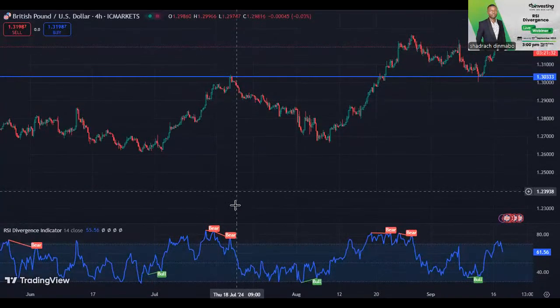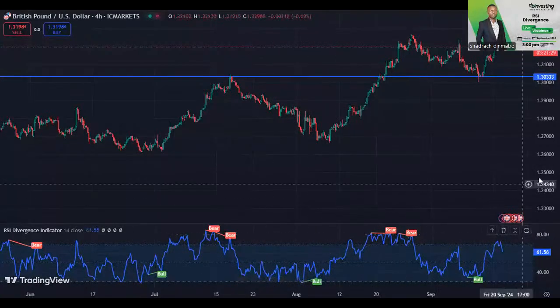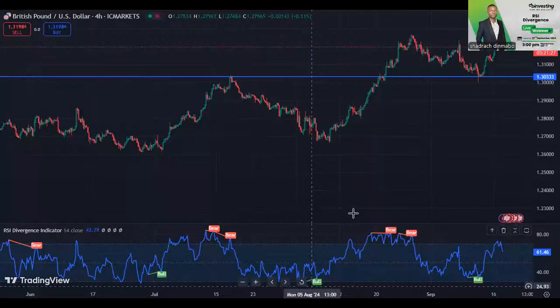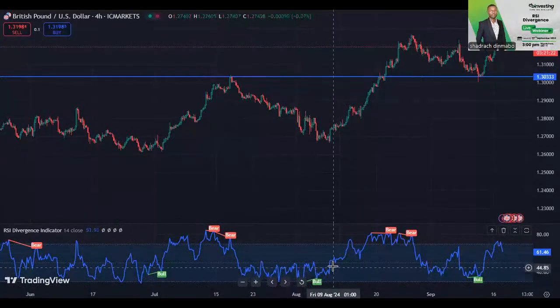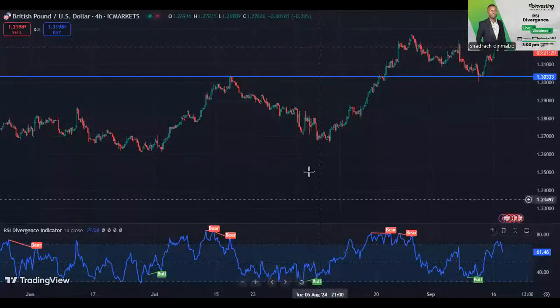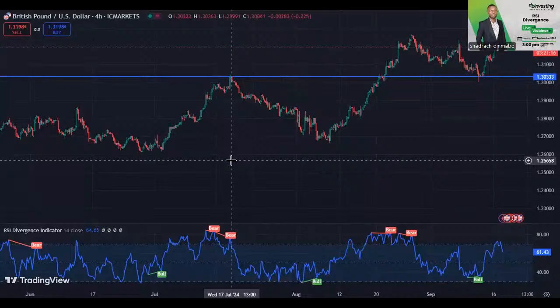All right. Now here, you could see again we have a bullish divergence. At this point, the market is dropping.